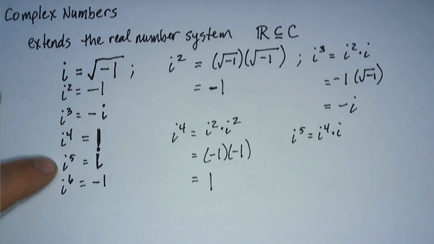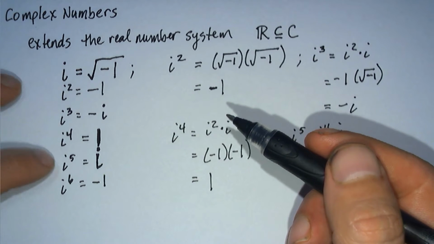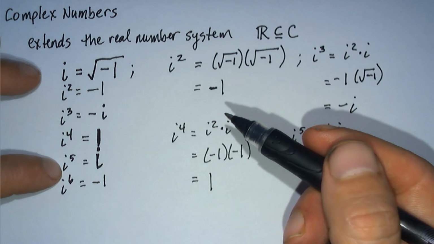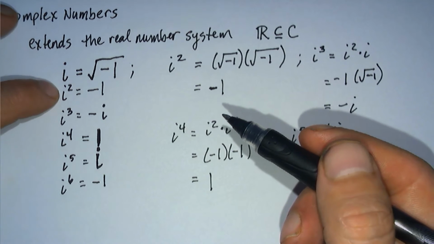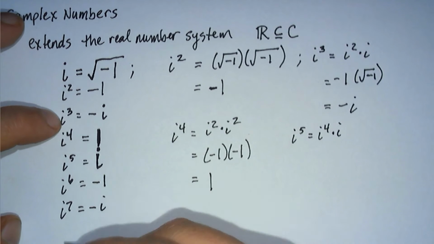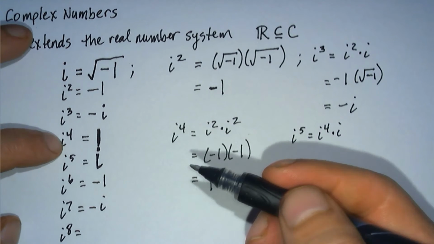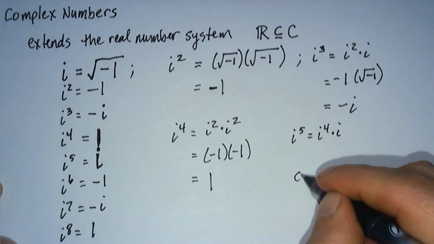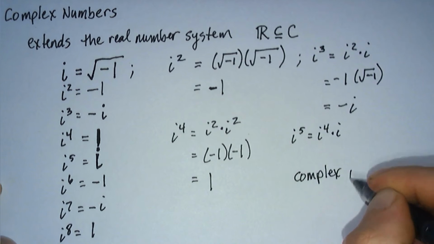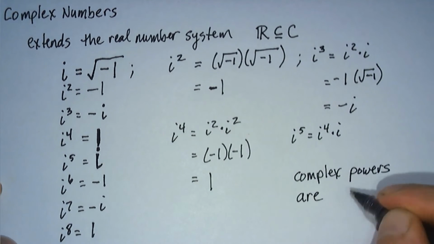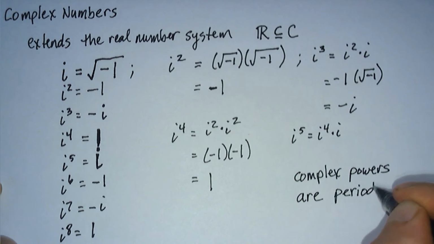Why? Because we're starting to see a pattern here. If we do the same thing we did with i squared, i to the sixth is going to be -1. i to the seventh is going to be -i. And i to the eighth would be i to the fourth times i to the fourth, right? Which is 1. So what we see here is that the complex powers are periodic. The complex powers are periodic.